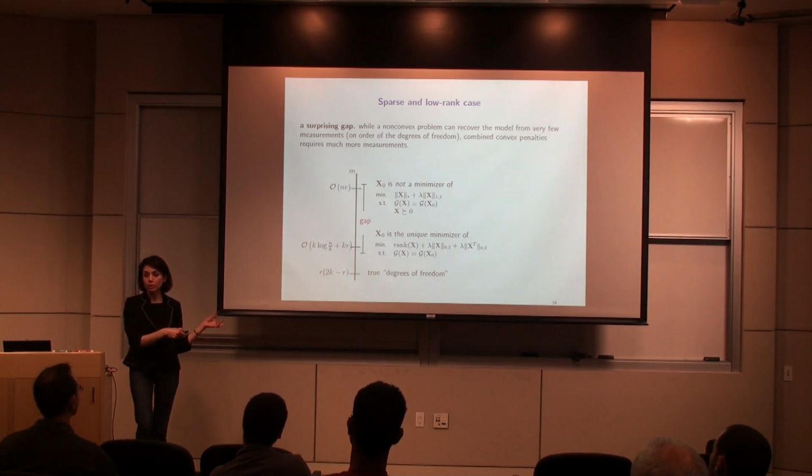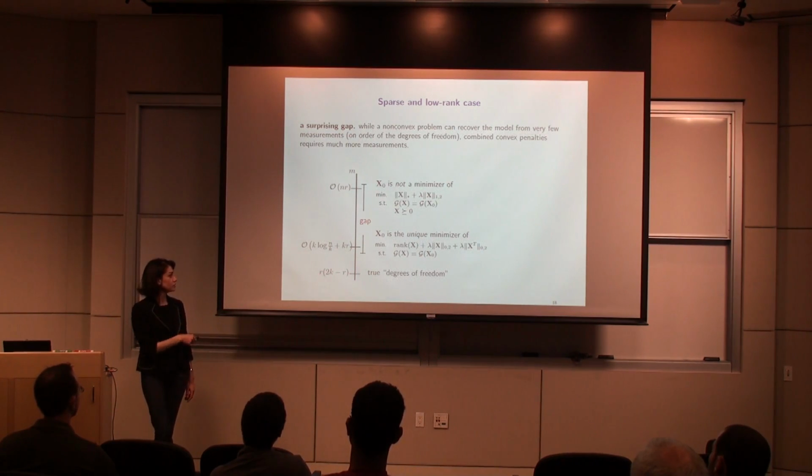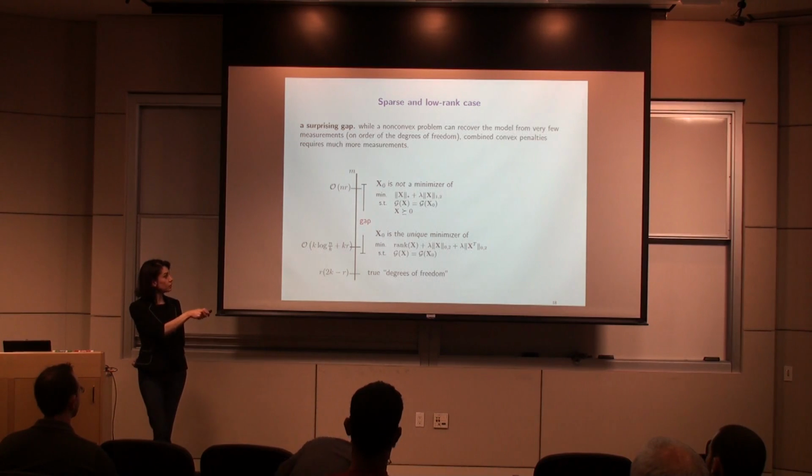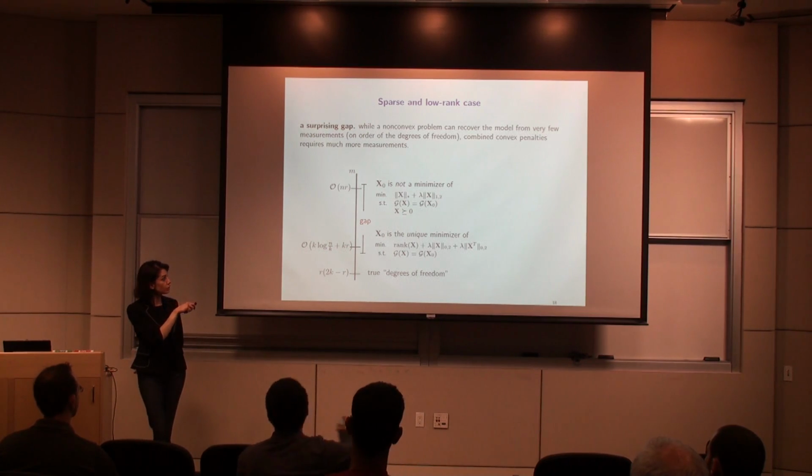Note that n doesn't show up. These are small numbers, basically. If I write a non-convex optimization problem with rank in it and with number of non-zero columns and number of non-zero rows, all of those are non-convex. For this program, just by doing a counting argument, we can show that it needs on the order of k log n plus kr measurements to give us the correct x naught.